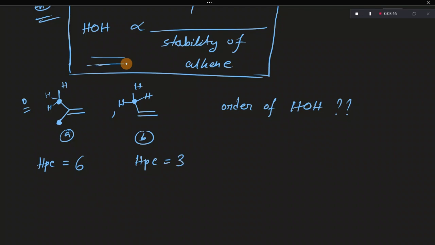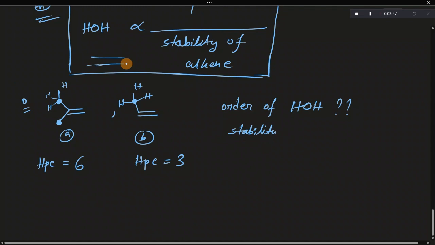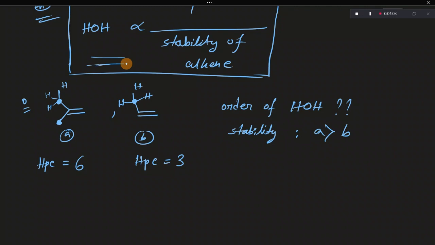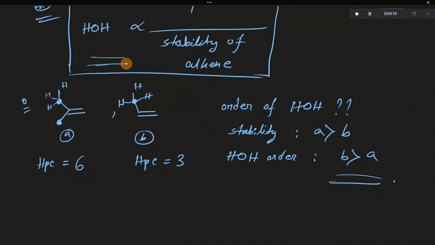That means 3 alpha hydrogens are present. So the number of hyperconjugating structures is 3. So we can say the stability order is A greater than B. That means the heat of hydrogenation order is the opposite. Heat of hydrogenation order is B greater than A. In this way, we can compare the order of heat of hydrogenation from the stability and from the hyperconjugation.